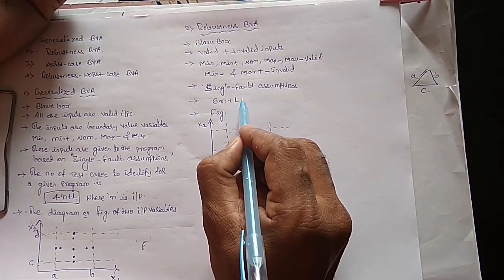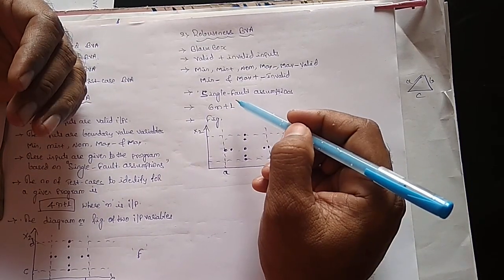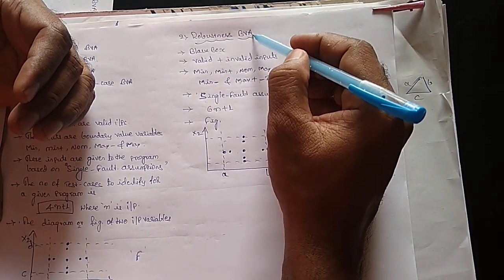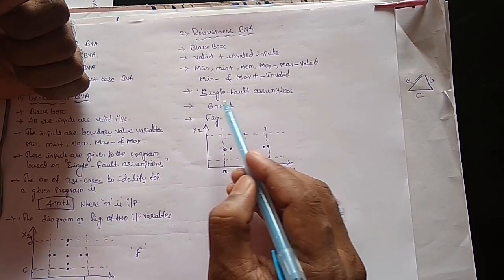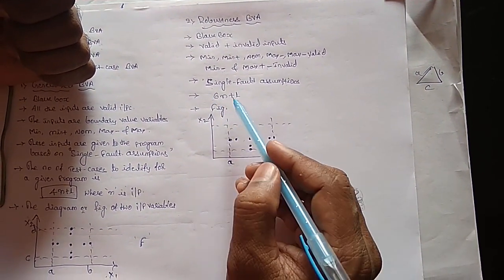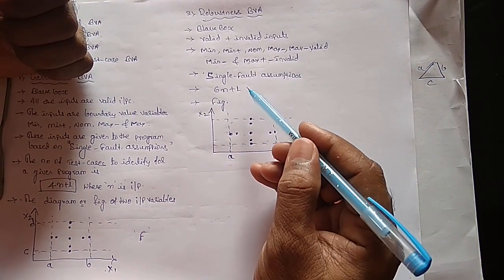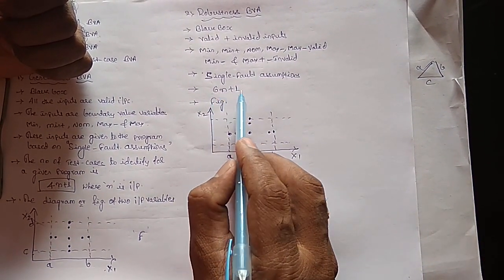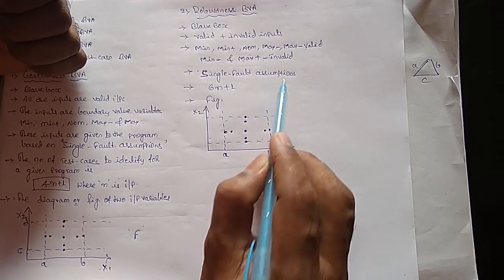Next, how do we identify how many test cases need to exist under the robustness boundary value analysis method? This is the generalized formula, based on which we can identify the number of test cases needed to test a given program. That is 6n plus 1, where n indicates the number of inputs of a program.